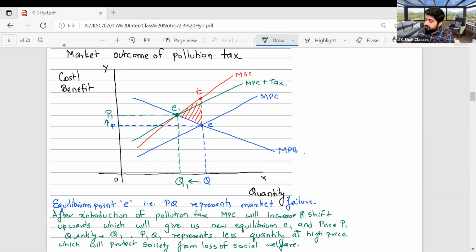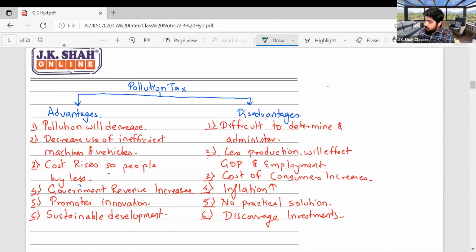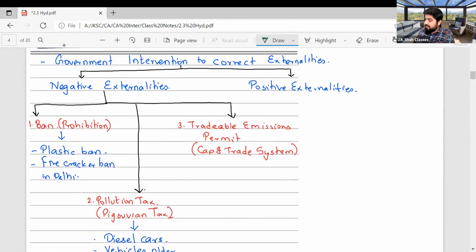Next part is tradable emissions permit. Now, what do you mean by tradable emissions permit? Well, if you want to produce a particular commodity which is causing pollution or damaging the environment, creating negative externality basically, the first extreme step is a ban.